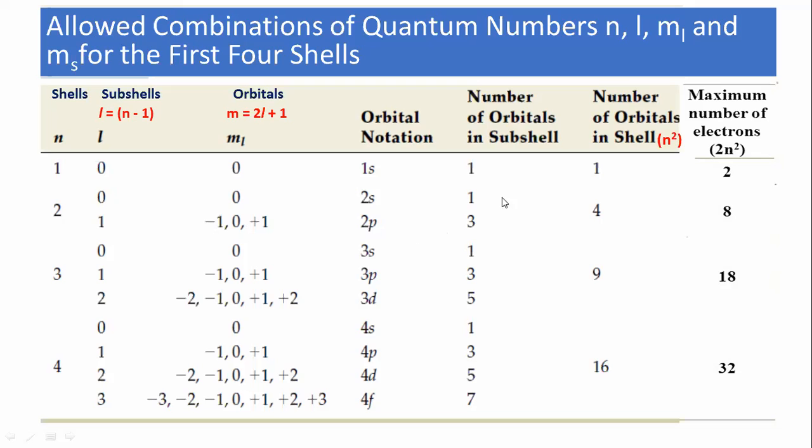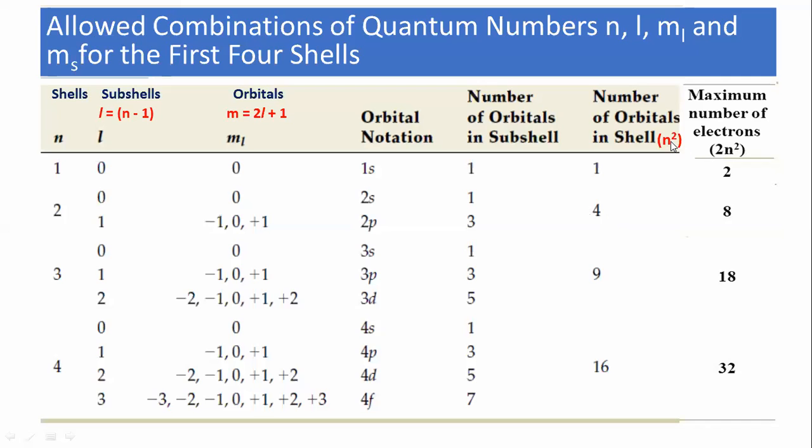And the number of orbitals in the p subshell is three, and actually the magnetic quantum number gives you this information. There are three orbitals in this subshell, one, two, three, that's why it is written over here, three. So for the total number of orbitals in the shell, the second shell we are talking about, 3 plus 1 is the total number of orbitals present, and that's why the total is 4.